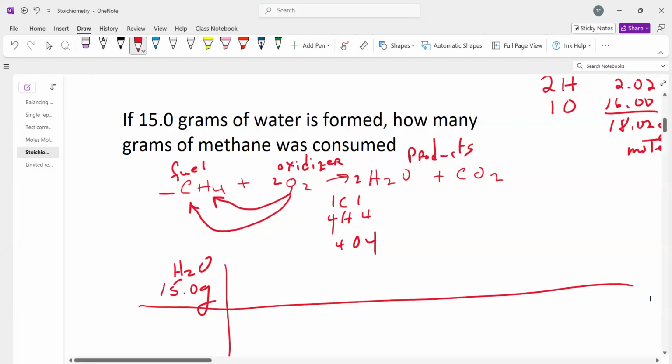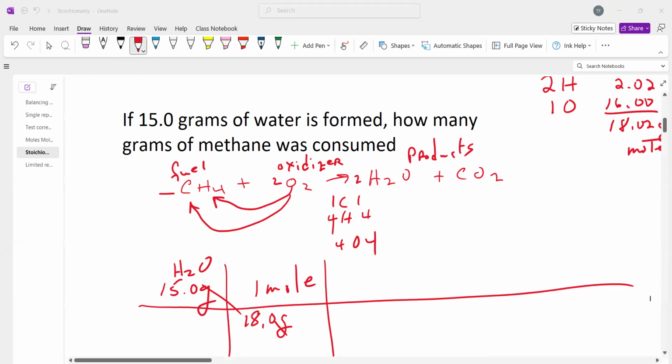Remember, yesterday I said the balanced equation does not give us a gram relationship. It gives us a molar relationship. So if we're starting with grams, we've got to convert to moles. Now we're at grams of water, and we want to know grams of methane.